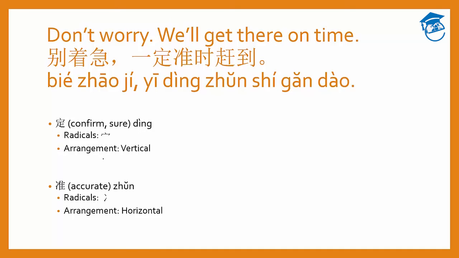So the arrangement is vertical because you have top and bottom component. Okay, let's look at how to write 定. 1、2、3、4、5、6、7、8. 8 strokes for this word, 定.